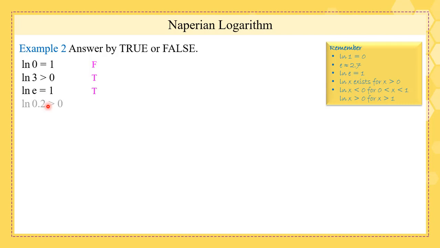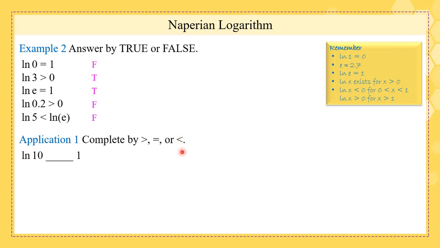We memorized it. ln 0.2 is positive. This is false because when x is between 0 and 1, the ln is negative. And ln 5 is smaller than ln e. You can use the calculator here. This is also false.